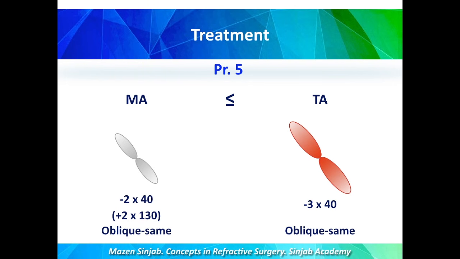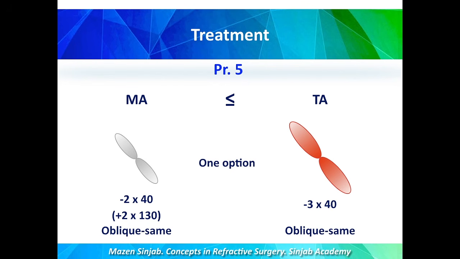Possibility number 5. The manifest astigmatism and the topographic astigmatism both are oblique but in the same direction, and the manifest astigmatism is less than or equal to topographic astigmatism. For example, the manifest is minus 2 at 40 or plus 2 at 130, while the topographic is minus 3 at 40.